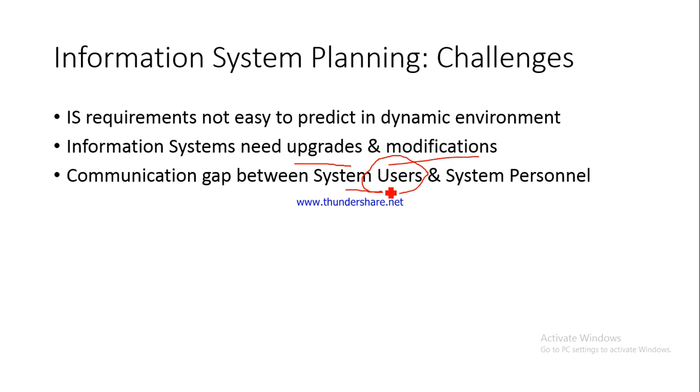So when you are planning for the information system, ensure that there is sufficient communication between the users and the system personnel, the ones who are going to design and maintain it, the designers, the developers, the programmers, the database administrators. So there has to be proper communication between the two, so that they can understand the requirements of the user, and they come up with a system which fulfills those requirements.